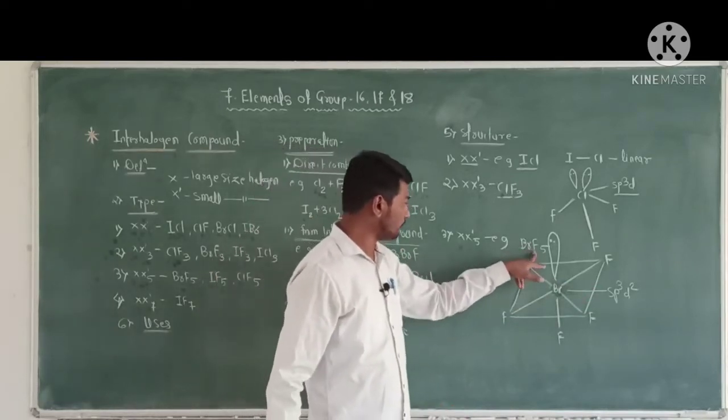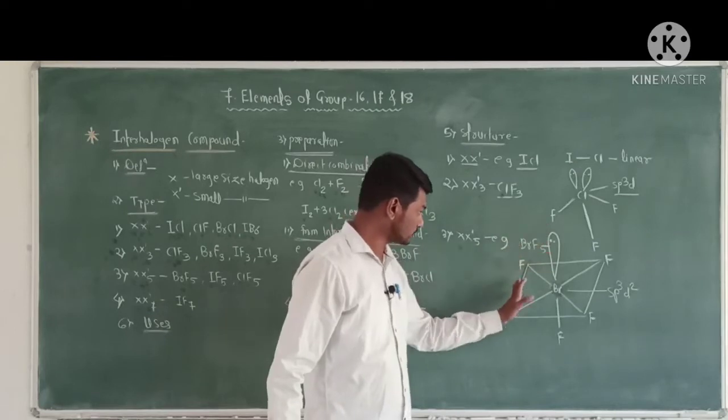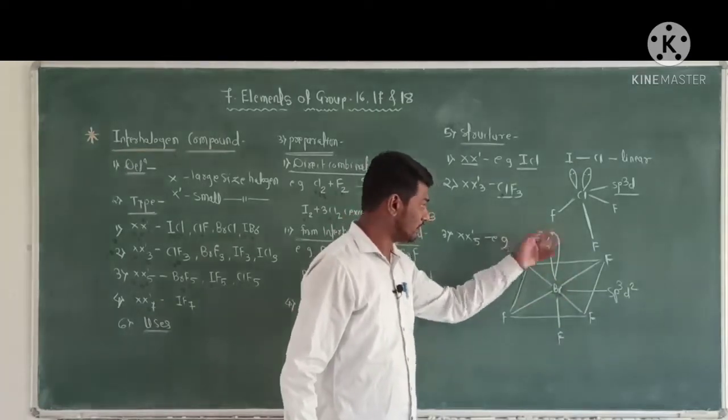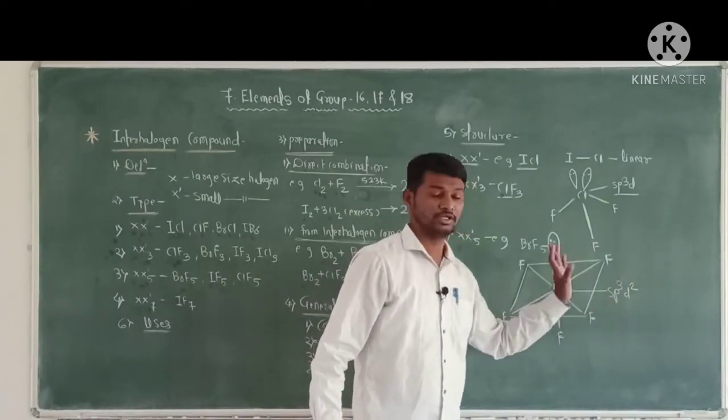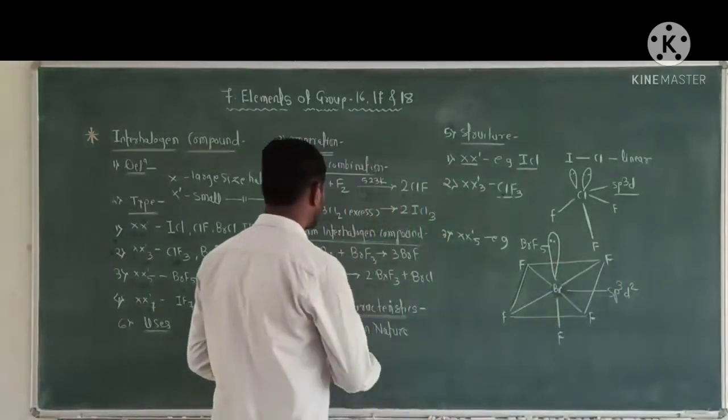For example, BrF5 has a square pyramidal structure and the central atom, that is Br, has sp3d2 hybridization.